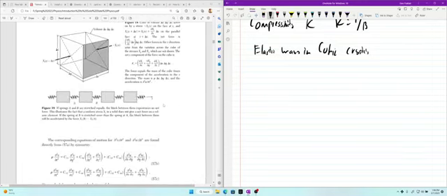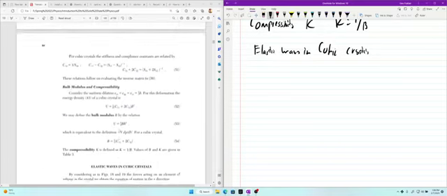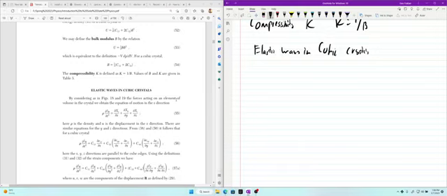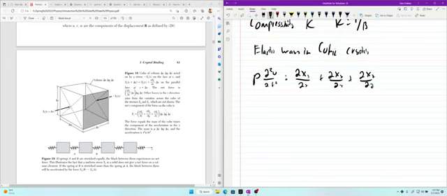I'm considering, as in figures 18 and 19, a volume of a cube. Imagine we have a bunch of springs. From the forces acting on elements of volume in the crystal, we obtain the equation of motion in the x direction as rho d squared u over dt squared equals d sigma xx over dx plus d sigma xy over dy plus d sigma xz over dz, where xx is normal to the x axis.